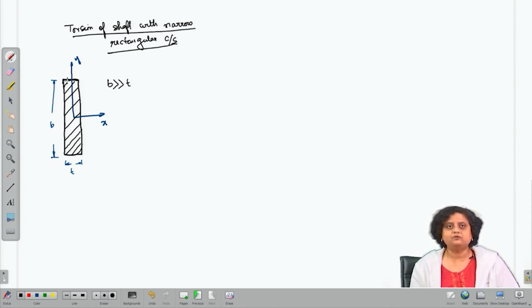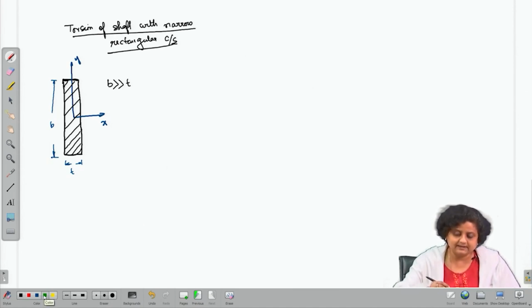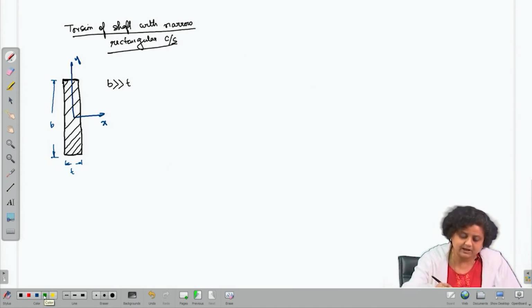Let us first try to visualize how the deformed shape of the membrane will look under all the boundary conditions and the loading that we have explained earlier. If we try to visualize, we will see that the deformed shape of the membrane is going to look something like this.